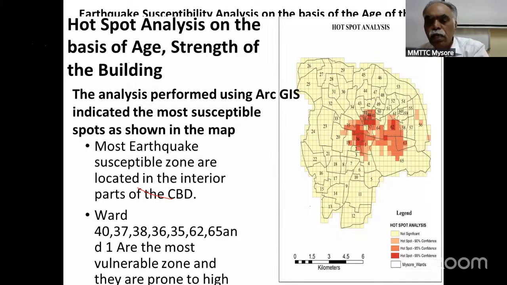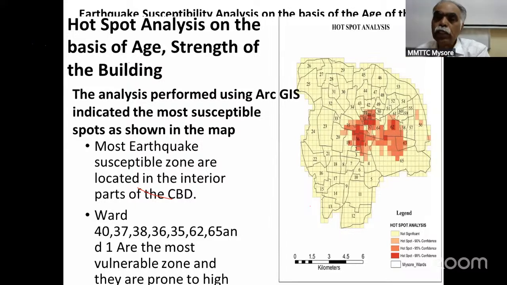So this is one of the outputs of what we can do, for mitigation. We cannot avoid the earthquake, but we can do the mitigation. We can give a warning to the people who are living in these particular wards, especially ward number 36, ward number 40, ward number 41, and ward number 62.